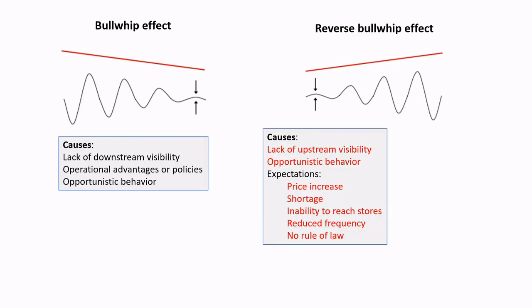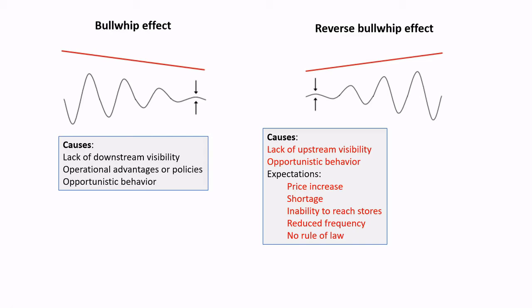So what causes this? The causes are different from the bullwhip effect. I would say the first is lack of upstream visibility. You're a customer, and you don't know how the supply chain of the product you want to buy works. You will not make an informed decision; you will decide from ignorance, which is very dangerous.